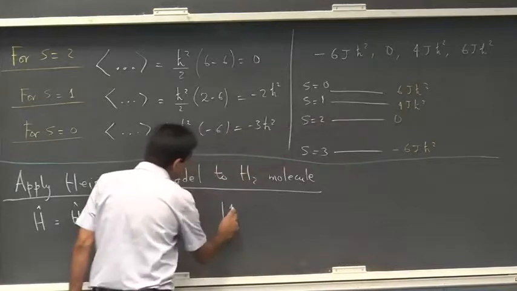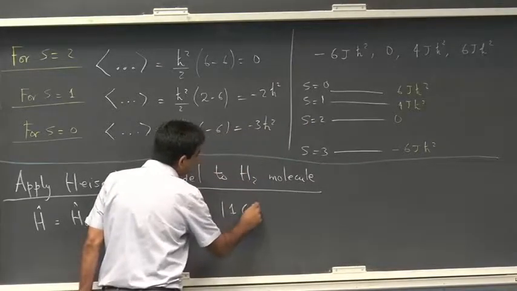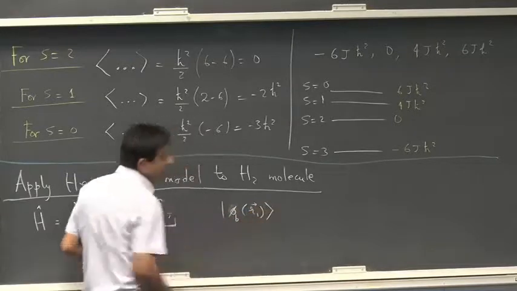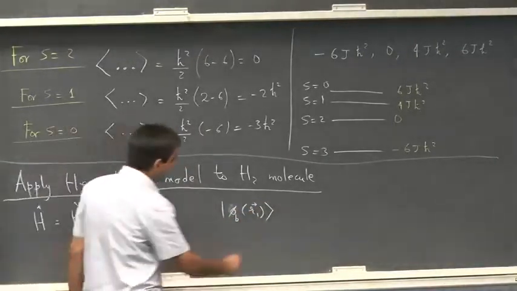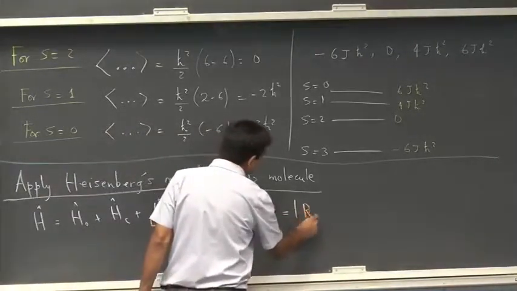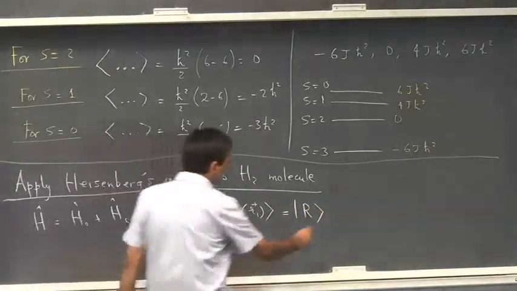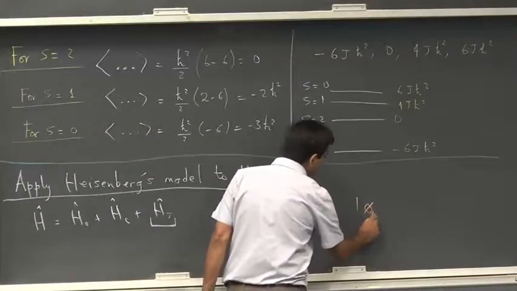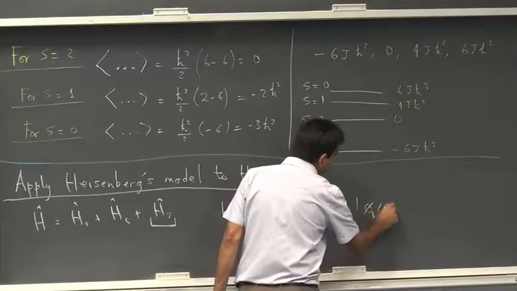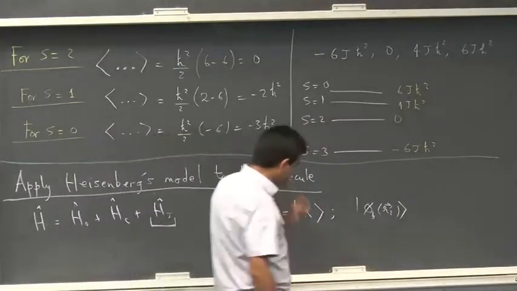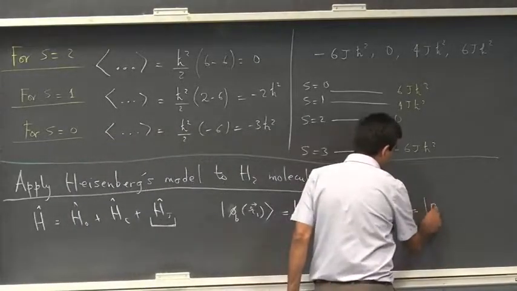I'm going to express this φ_b(r1) state, which is a linear combination of 1 and 2, by R, and I'm going to express the bonding molecular orbital state defined for the second position vector by R prime.